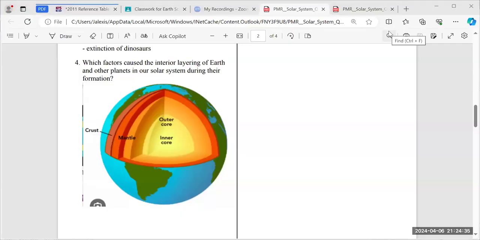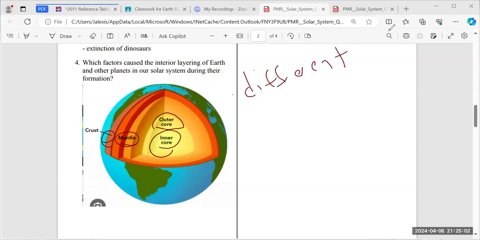All right, number 4, which factors cause the interior layering of Earth's and other formations in our solar system during their formation? So one of the things you have to know is the crust, the mantle, the outer core, the inner core. They contain different materials, and these different materials have different densities.